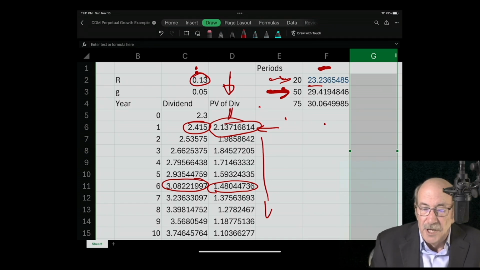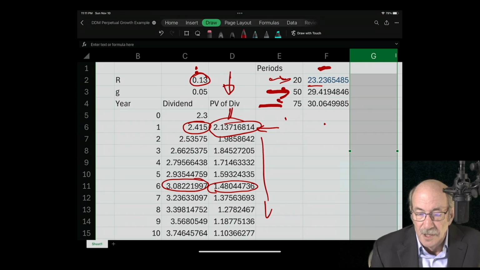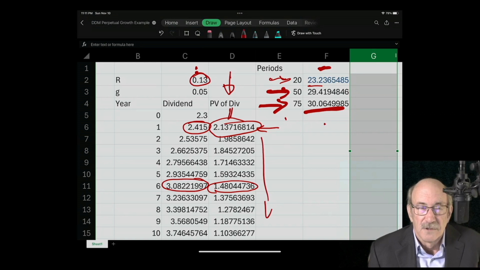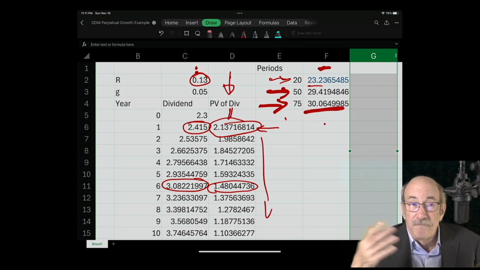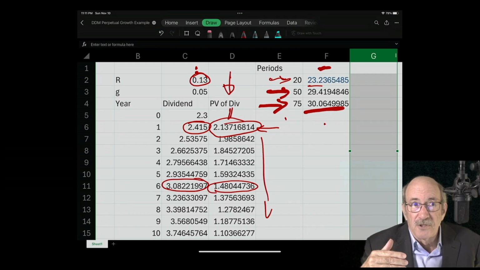Let's go all the way out to 75 years. And here we see we get $30.06. That's just a little bit off the $30.19, just pennies off. So you get the idea. You notice that as the horizon goes out further, we're approaching $30.19.